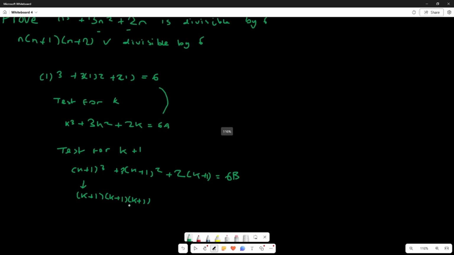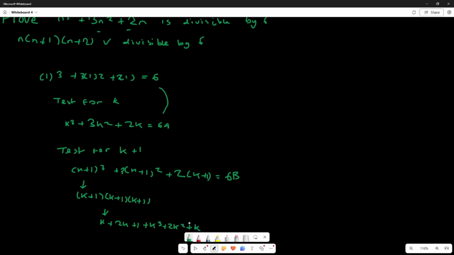And what that gives us is k, 2k, plus 1, plus k cubed plus 2k, k squared plus k.